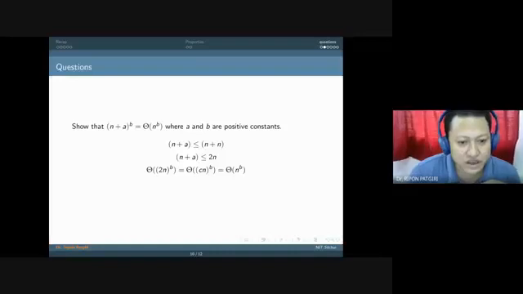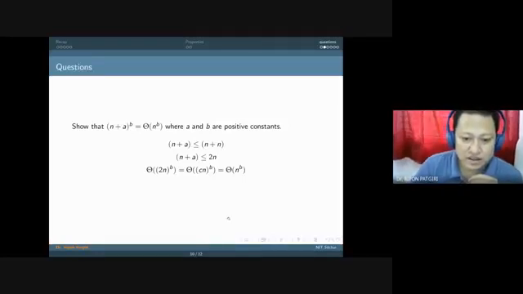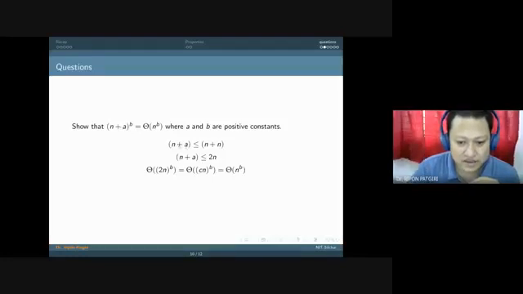Show that (n + a)^b = Θ(n^b), where a and b are positive constants. Here a is a constant which is less than n, so we assume n + a is less than or equal to 2n.